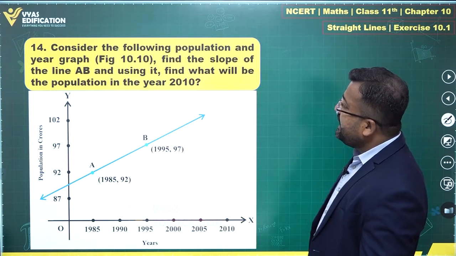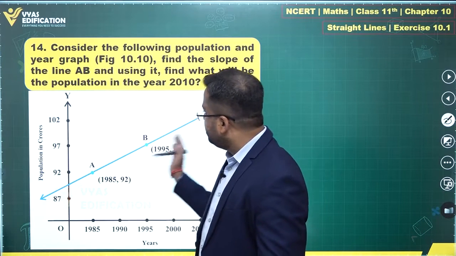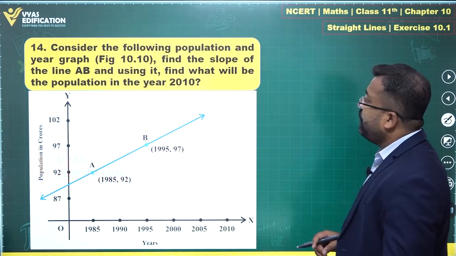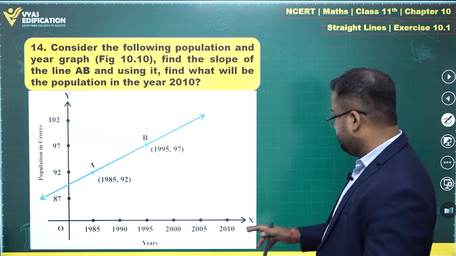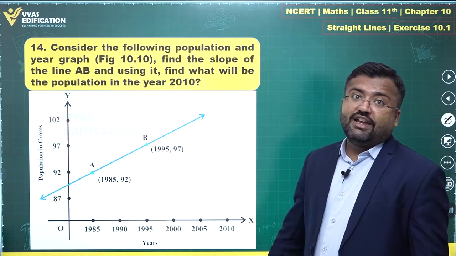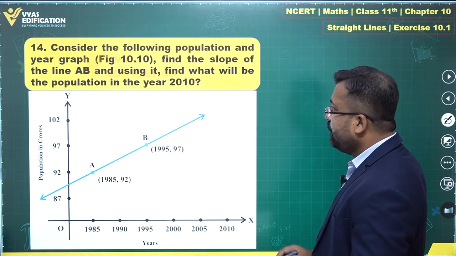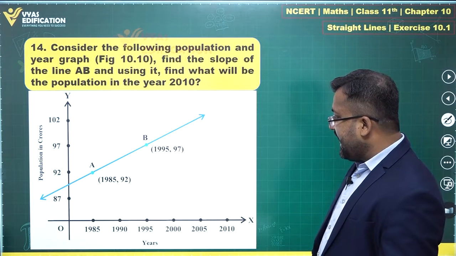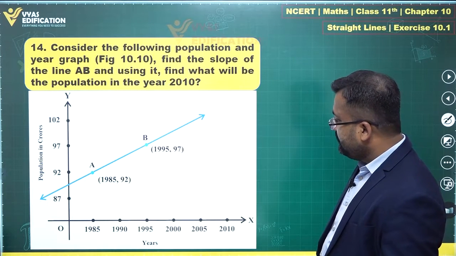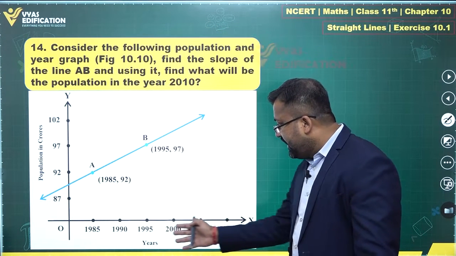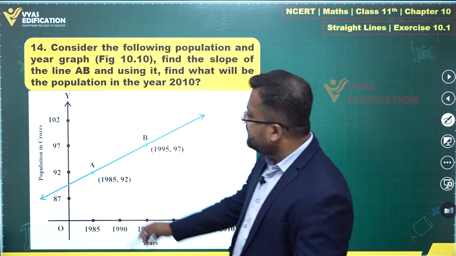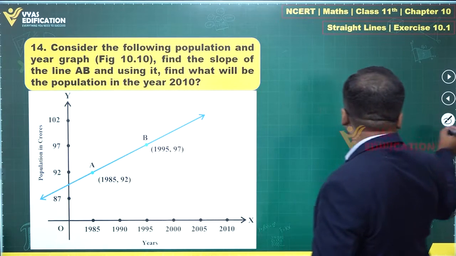Find the slope of the line AB. Okay, this looks like a straight line. And using it, find what will be the population in the year 2010. Okay, let's try to do that. Let's denote values on the x-axis in terms of years, and this is populations over here.